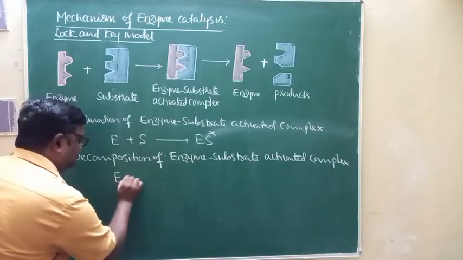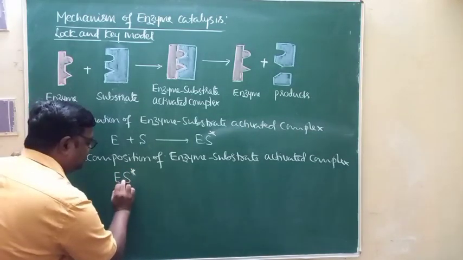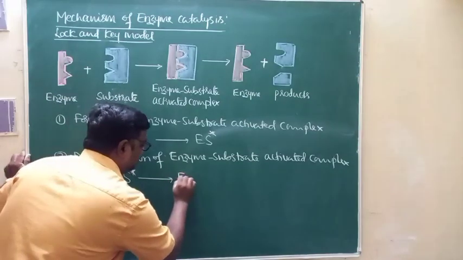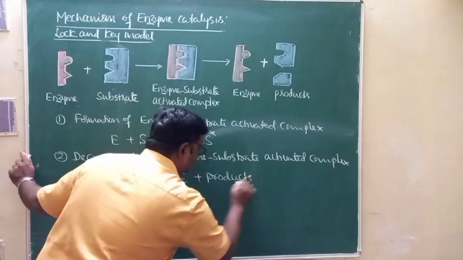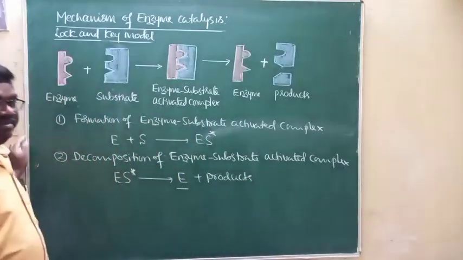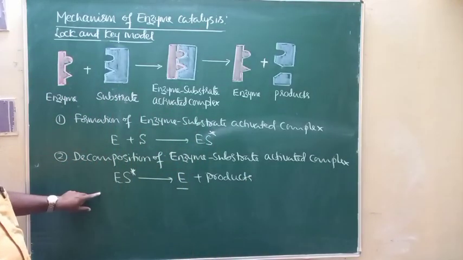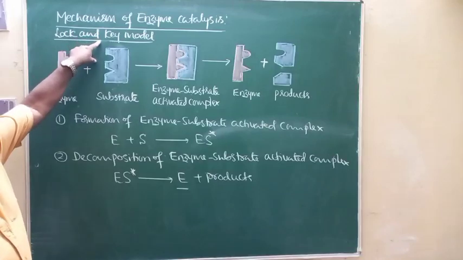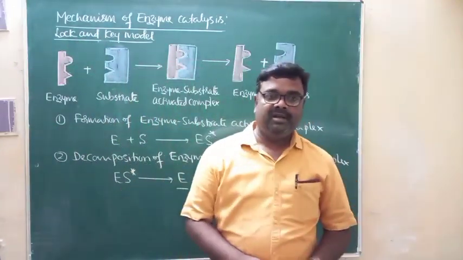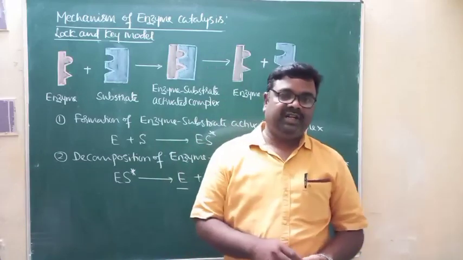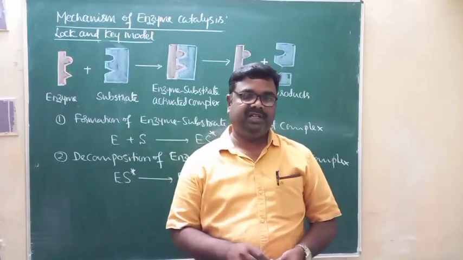That is, ES star is decomposed to form products, along with the regeneration of the enzyme here. So these are the 2 steps involved in the mechanism of enzyme catalysis, and that is what we call enzyme catalysis.